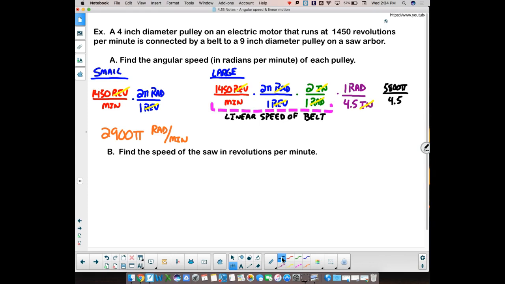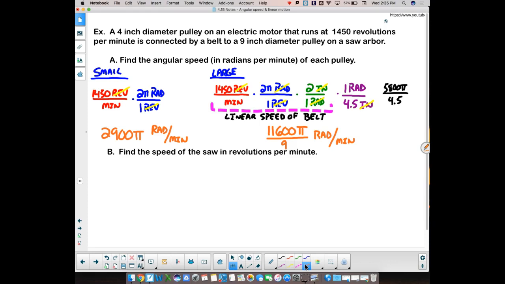So I could multiply by 10, top and bottom, and that would get rid of the decimal. Or I could multiply by 2, top and bottom, and that would get rid of the decimal. If I multiply by 10, I would have to reduce. If I multiply by 2, I don't have to reduce.